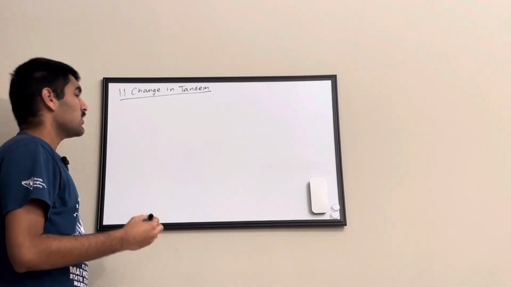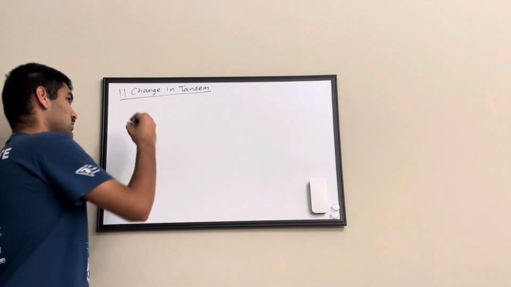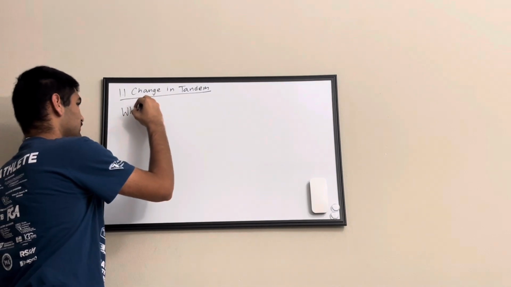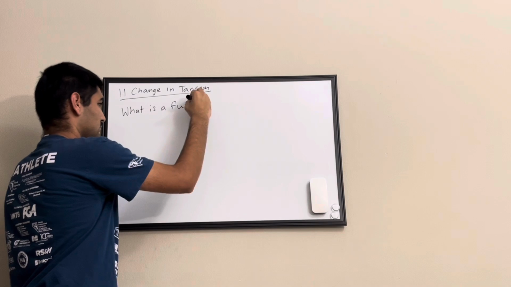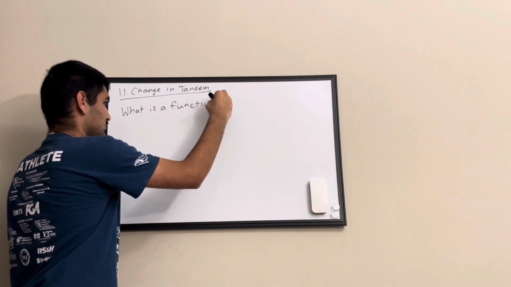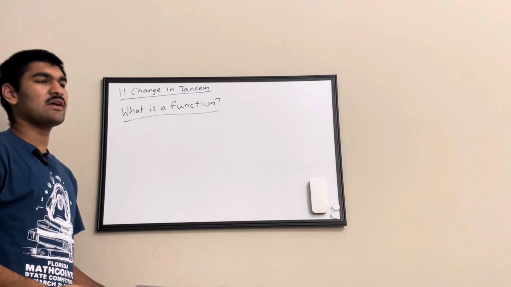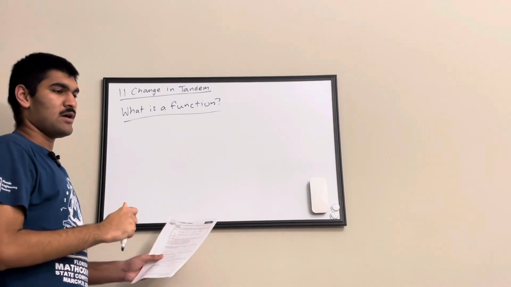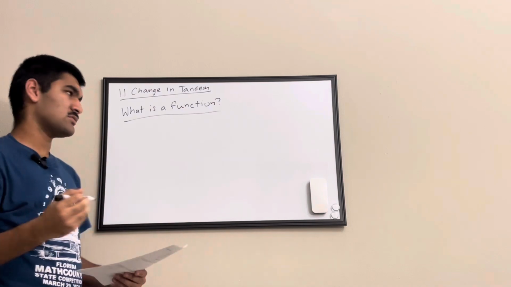So firstly, we will be talking about functions and the definition of a function. So what is a function? A function is basically a mathematical relation that takes input values and maps them to output values.